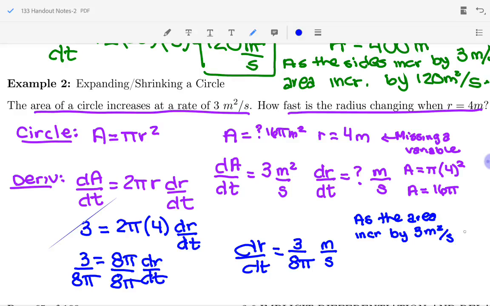So as the area increases by 3 meters squared per second, the radius does what? Does it increase or decrease in order for the area to increase? So we got a positive answer. The radius increases by 3 over 8 pi meters per second, which if you wanted to see that as a decimal, that might help you kind of figure out what's happening to make the area grow by 3 meters squared per second. The radius increases by 3 over 8 pi meters per second.